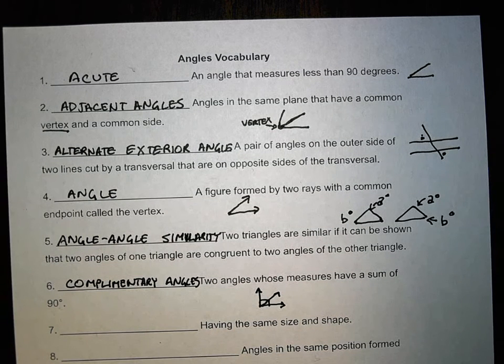So complementary angles are two angles who together become 90 degrees. Do complementary angles have to be adjacent angles? No. They just have to be two separate angles that add together to make 90 degrees. They can be far apart, but if they add together to make 90 degrees, they're complementary.